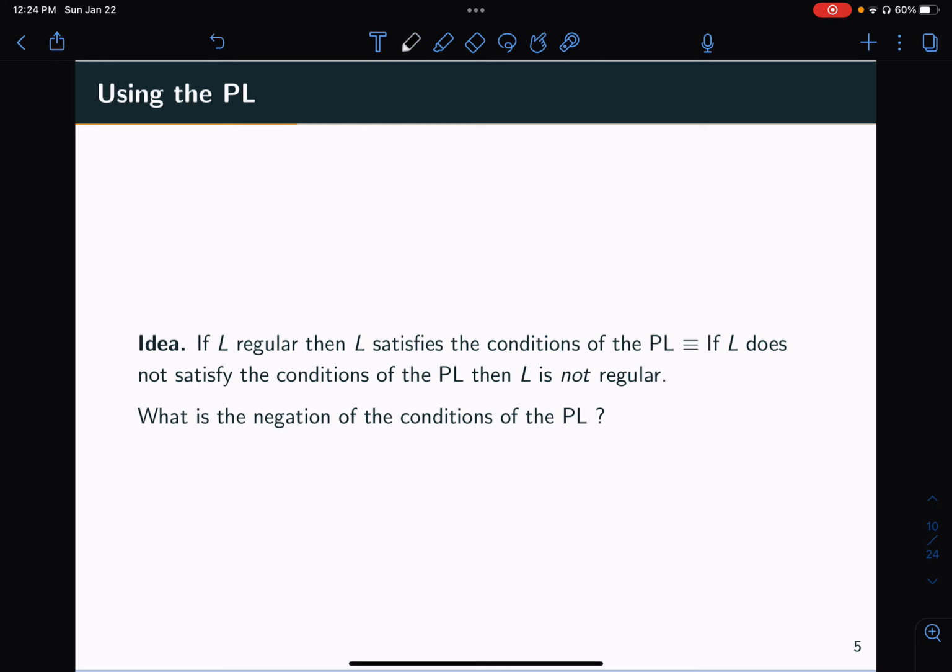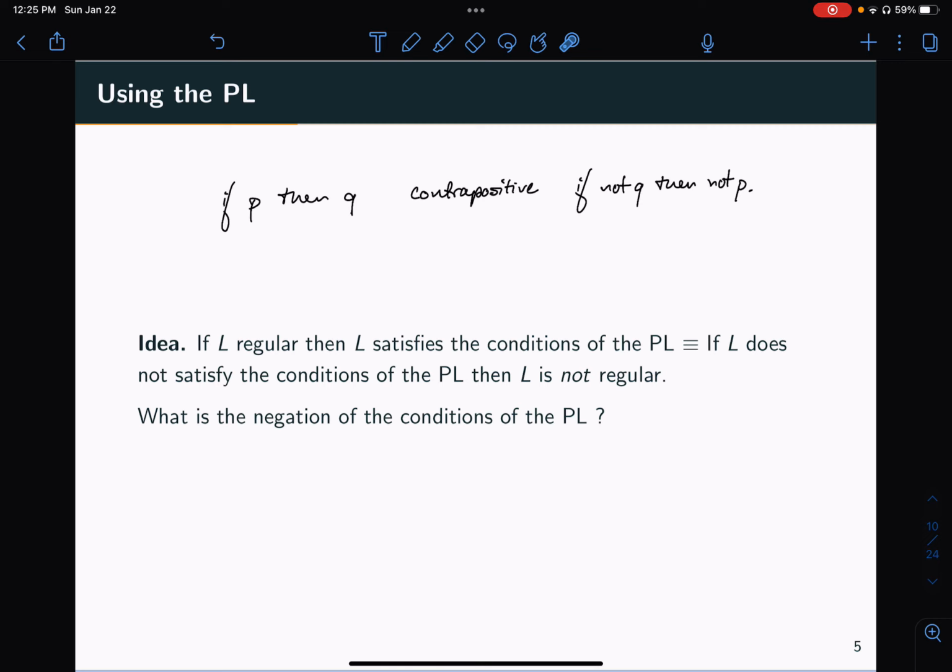But if we take the contrapositive of that, I'll just remind you, if we have a statement, if P then Q, its contrapositive, which is logically equivalent, is if not Q, then not P. So we can use the contrapositive of the pumping lemma to say that if L does not satisfy the conditions of the pumping lemma, then L is not regular, okay?